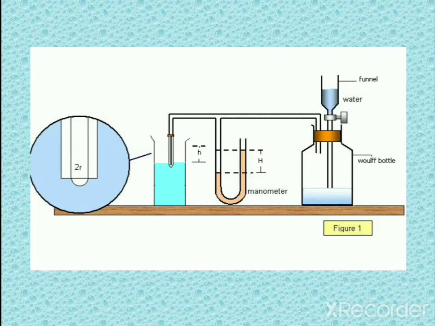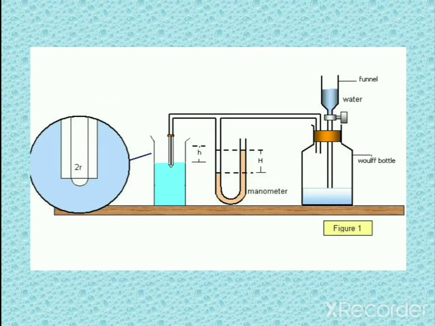A time will come when the maximum compressed air goes out from the Woulfe's bottle through the tube AB and forces out the water risen in the capillary. So a bubble will blow, and when the bubble blows, the manometer liquid level changes, and after that bubbles will continuously blow.